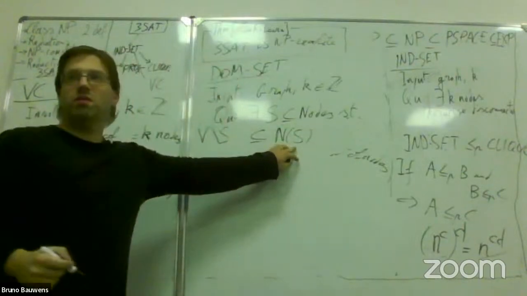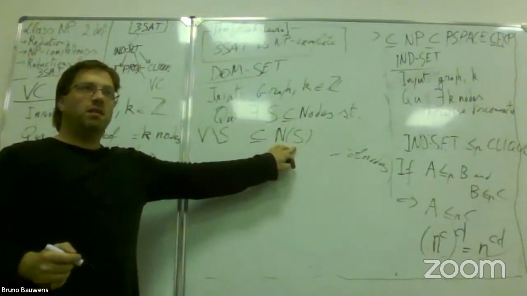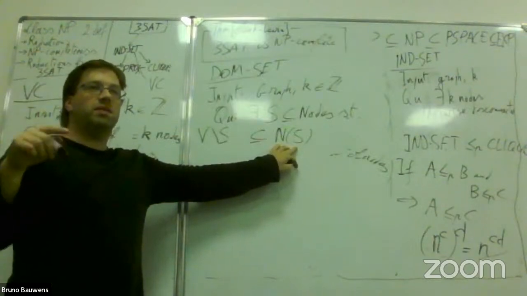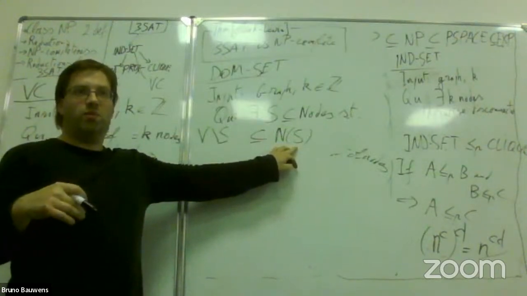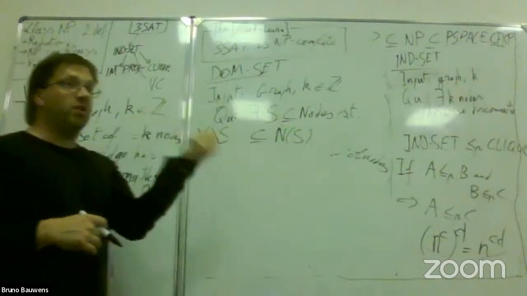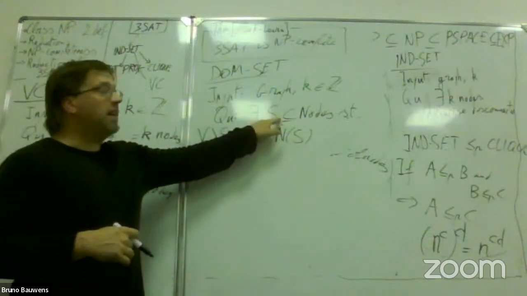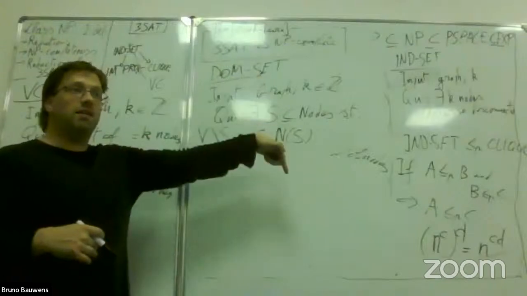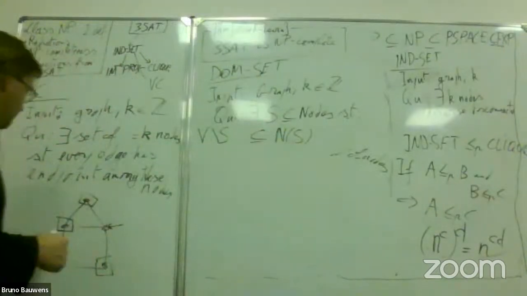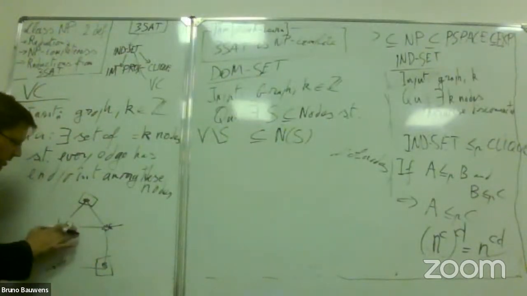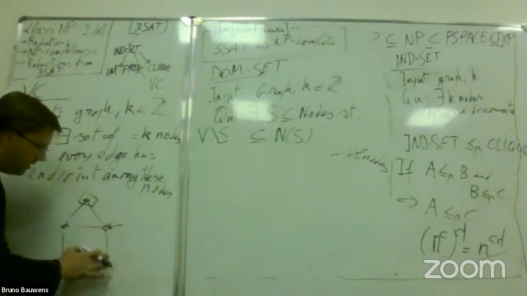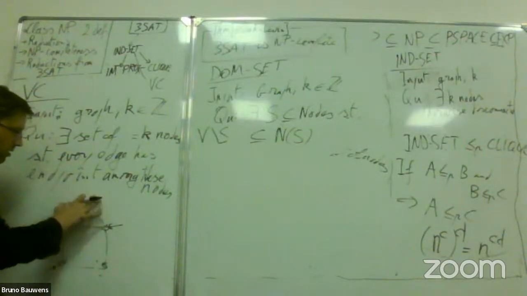So N of S, you know this notation. If S is a set of nodes, these are all the nodes that are connected to S. In other words, every node not in this set S must have a neighbor inside S. So let's look at our example here. Do we have a dominating set of size 1?